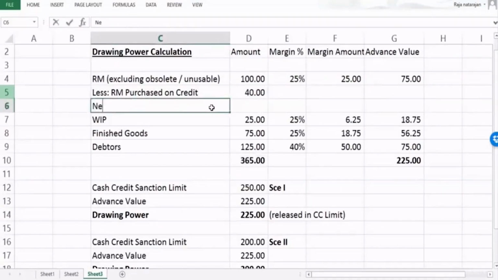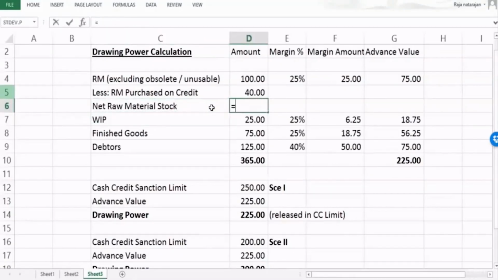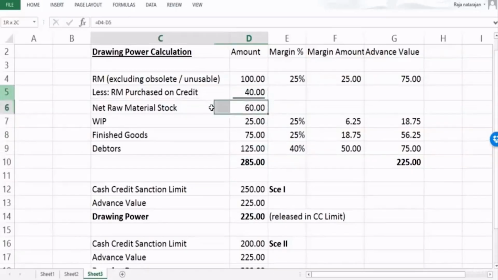It means the net raw material stock which I should consider is only 100 minus 40, that is 60. So when I total, it should be only these 4, because this is the net figure.